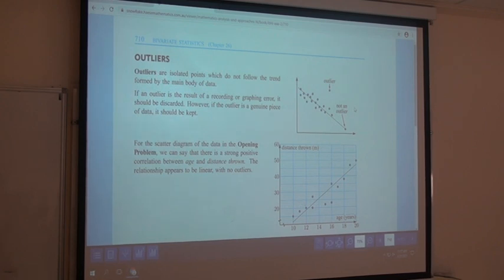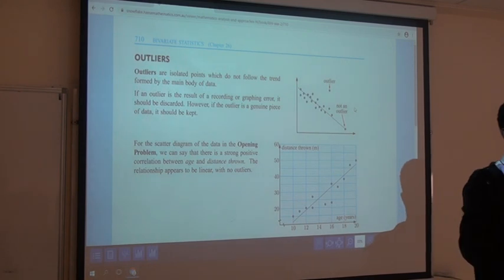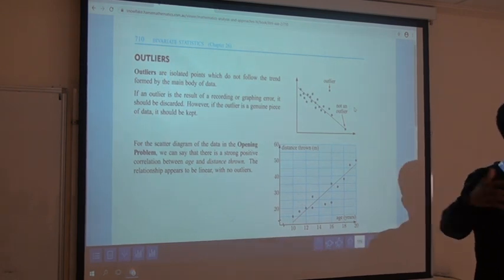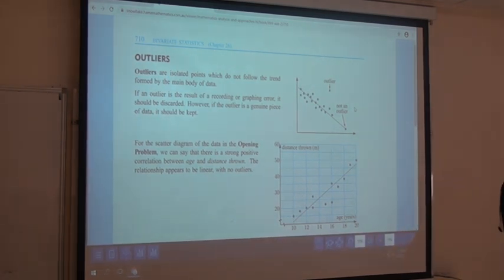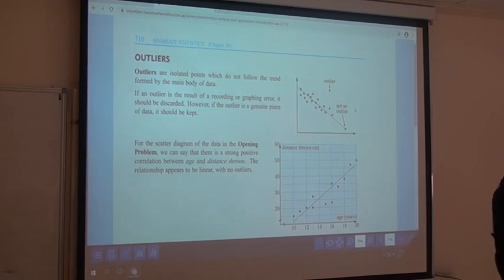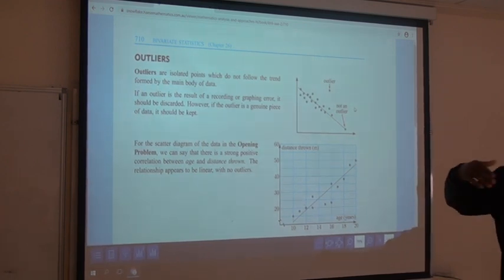If you take the age distribution of this room right now, then mine will be the outlier, because your ages will cluster within a particular neighborhood, while mine will be far away. Or if someone of, say, P3 age comes into this class, then that's another outlier, because it's far away from every other one.